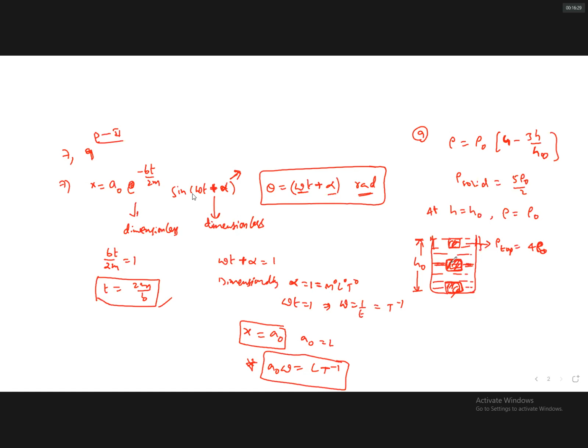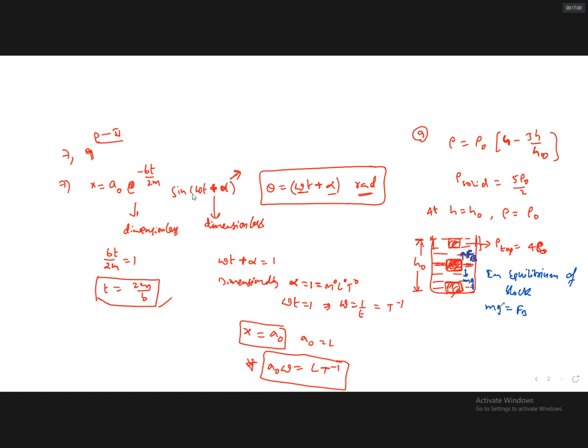What are the forces acting on the block inside the liquid? Buoyancy acting upward, mg acting downward. So in equilibrium of the block, the weight of the block should be balanced by the buoyancy force.